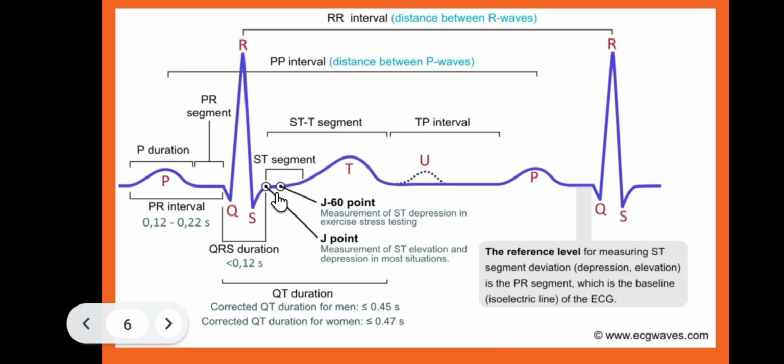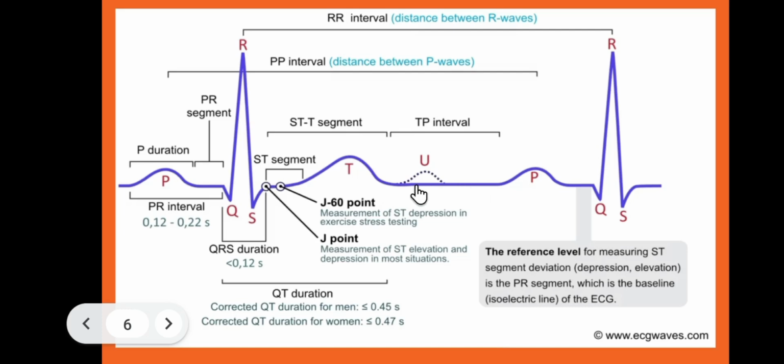From here, S, to the bump of your T wave, this is when the ventricles are depolarized before they repolarize. I repeat, starting from the end of your QRS complex up to the bump of your T wave, what happens here is your ventricles are depolarized before they repolarize.